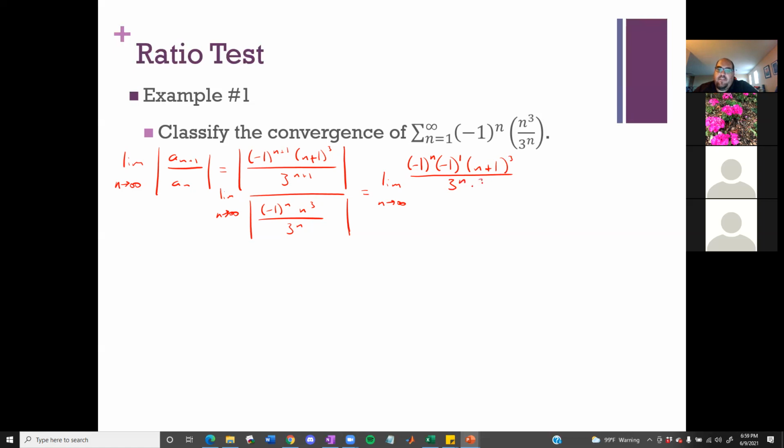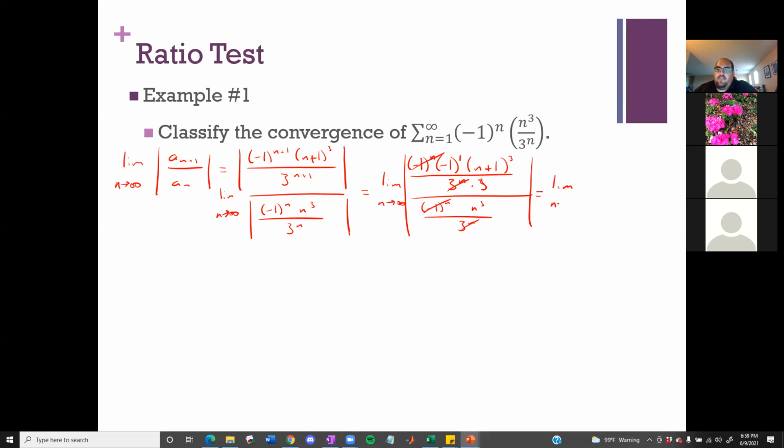This becomes 3 to the n times 3, all over -1 to the n times n cubed over 3 to the n. So now that I've split these things apart, we can see that 3 to the n cancels 3 to the n.